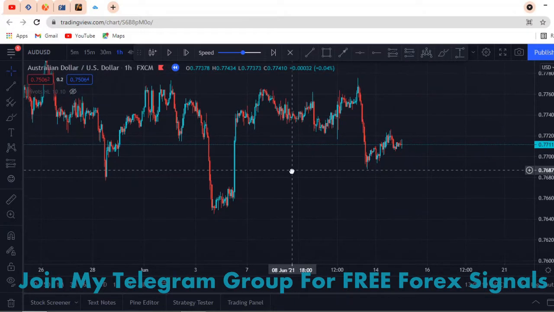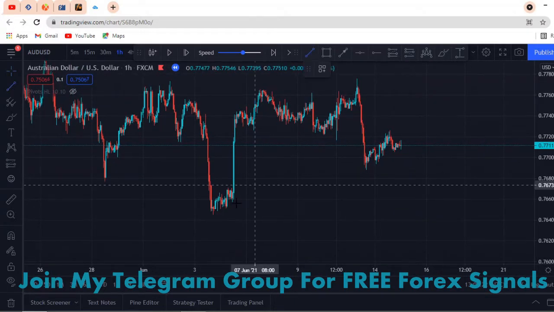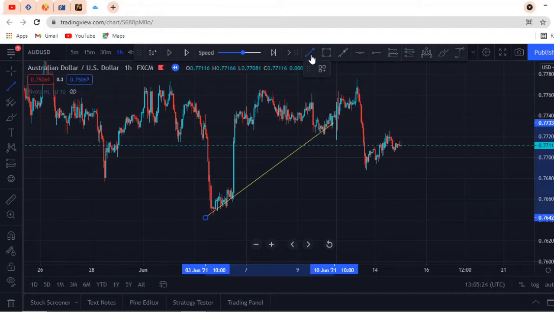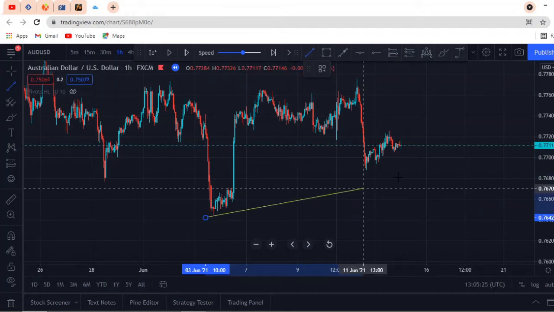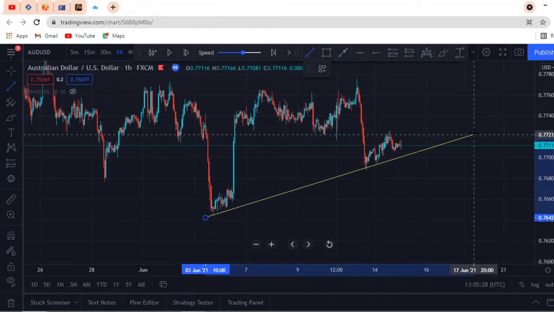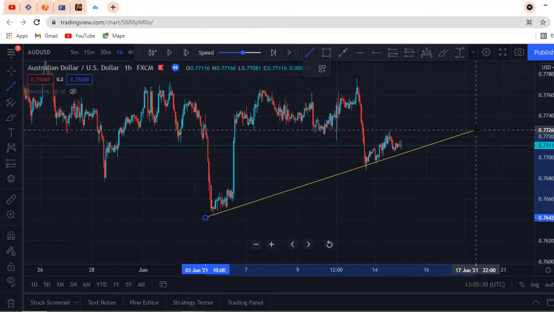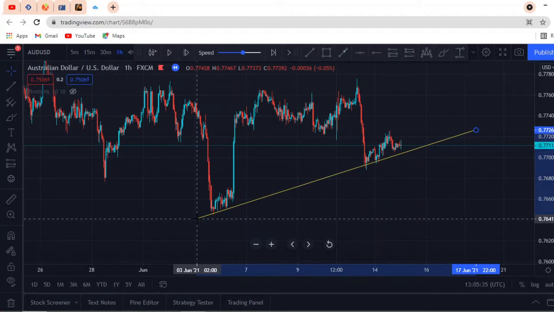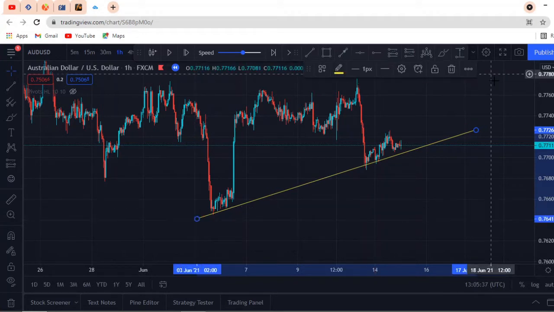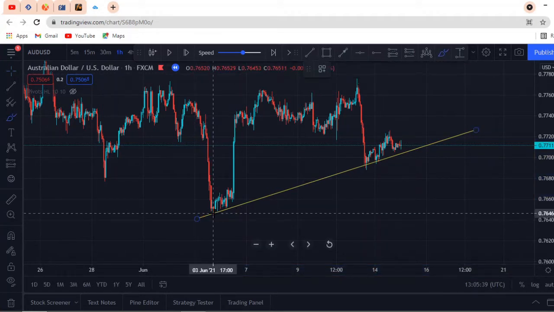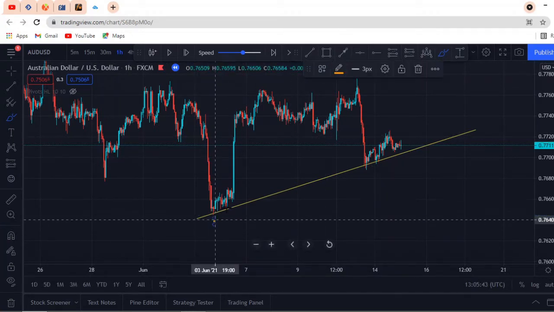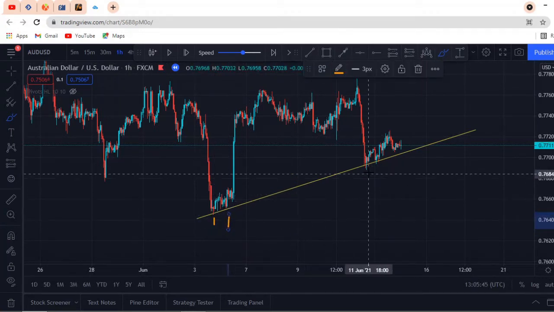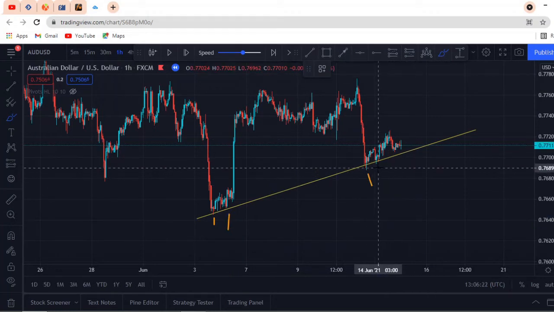So the first thing you do, remember, it's purely price action, so no indicator. The first thing we'll do is draw your trend line. Draw your trend line over there. The reason why we are drawing this trend line is because you can see a touch here, a touch here, a touch here, a touch here, a touch here.